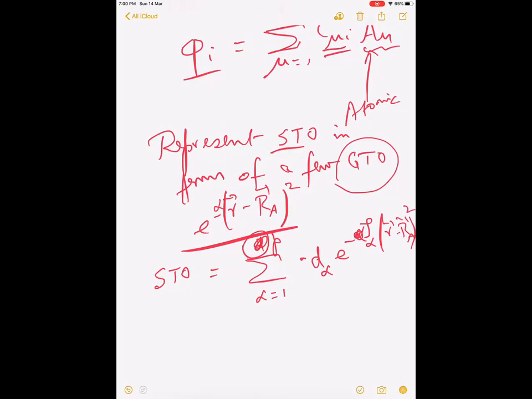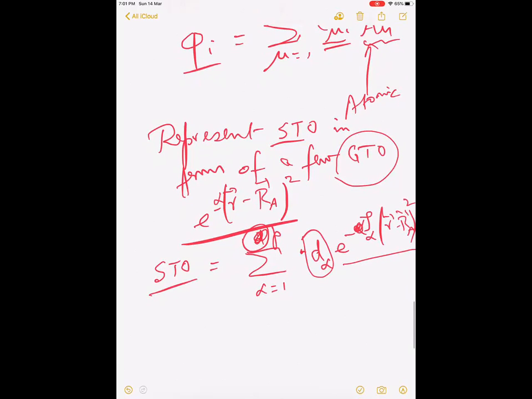So I'm summing over this, and these are the coefficients d alpha. So basically I'm taking a linear combination of one Slater orbital in terms of the p number of Gaussian orbitals. That may be possible. That is because, again, mathematics tells me one atomic function can be written in terms of a complete set of functions.